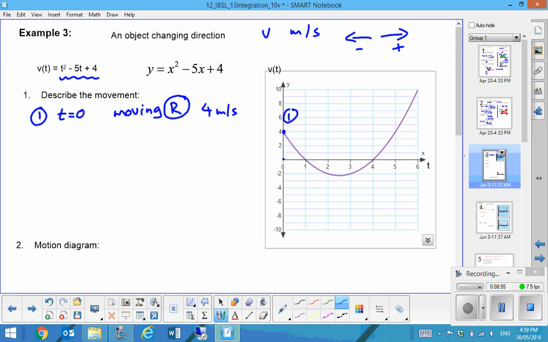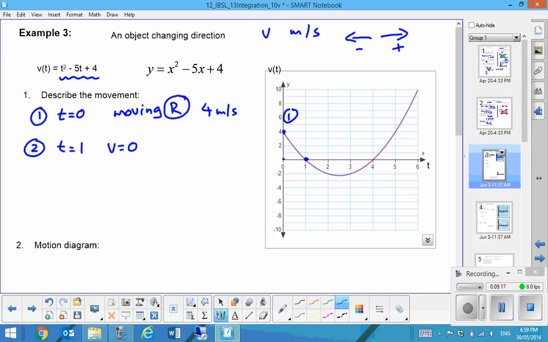All right. What's the next significant point on our graph? It is this point here at time 1. What's happening at time equal to 1? Hopefully you recognise the velocity is 0. So the velocity equals 0. What does that mean if it's got 0 velocity?